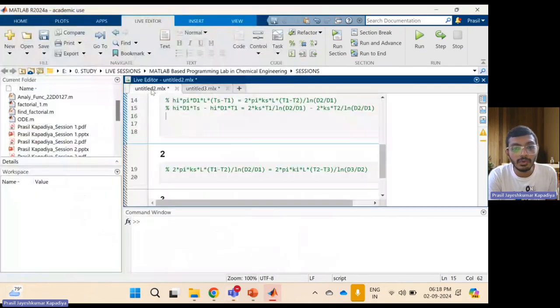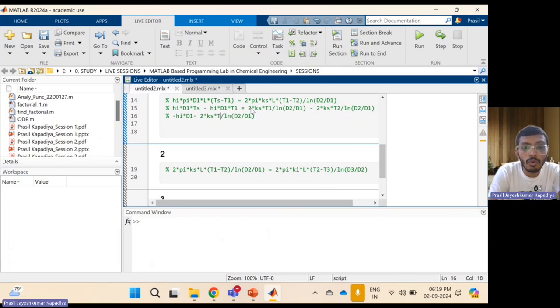So here also, can we do it? From this first equation, let me write down first coefficient of T1. So minus this term, correct? And this term will come on this side, so it will also be minus, correct?